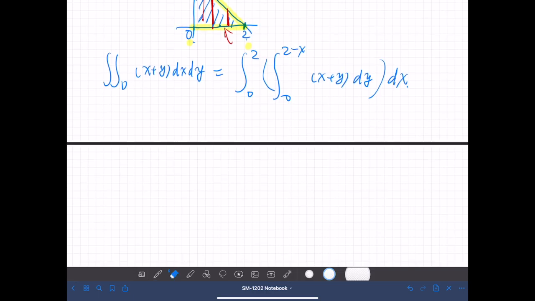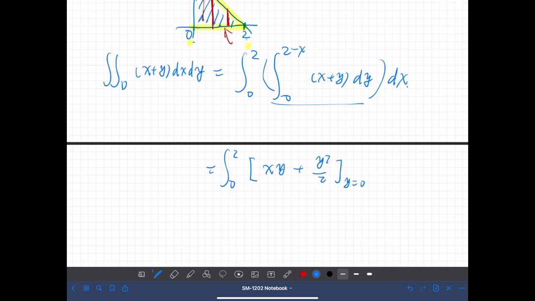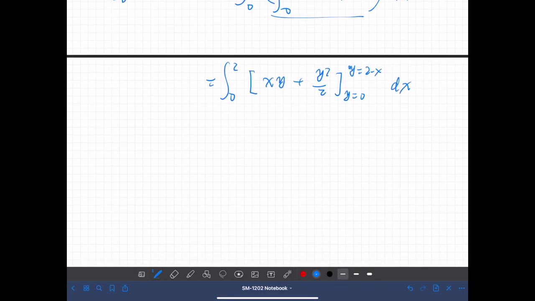First we integrate by y, and we get x times y plus y squared over 2, from y equal to 0 to y equal to 2 minus x. When y is 0, it's 0.